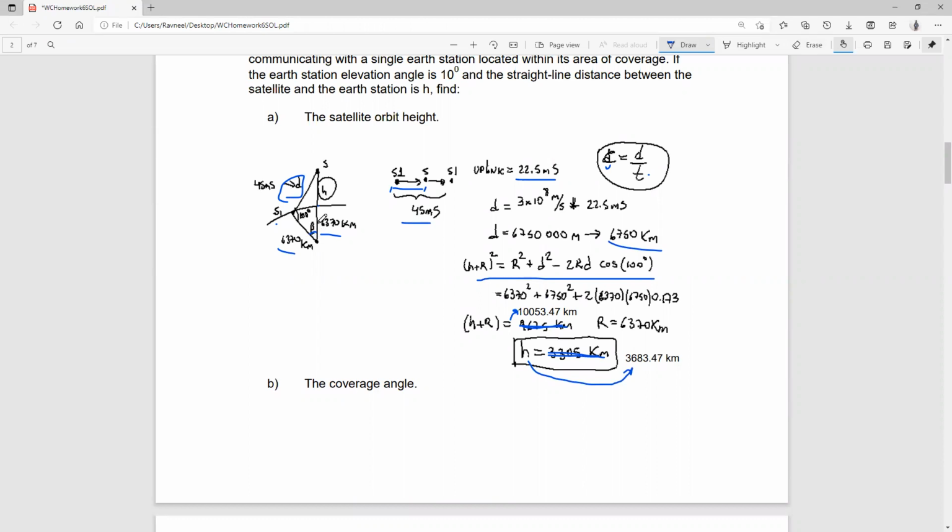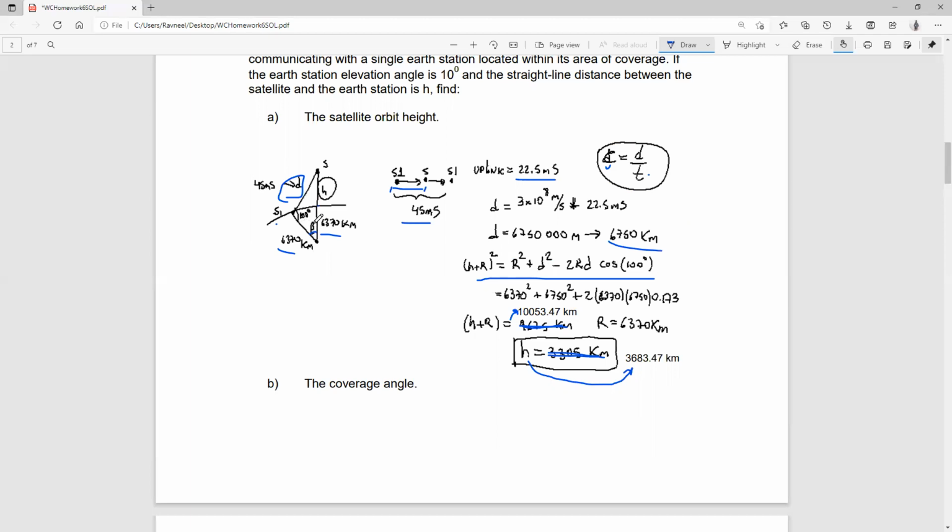Using the sine rule, now that we know the h plus r side, we know the height h and the radius r. So we know this particular side, and the angle opposite to it, that is 100 degrees. We need to find this angle.